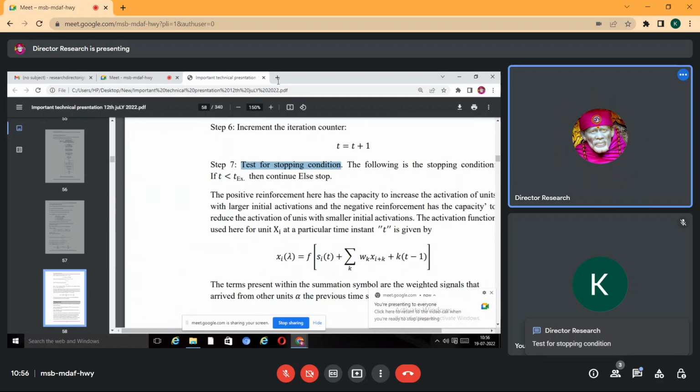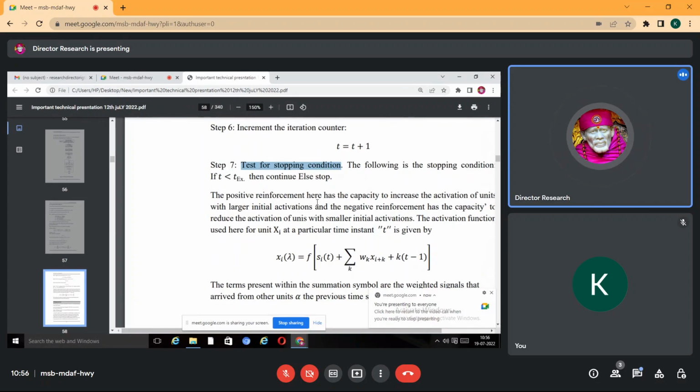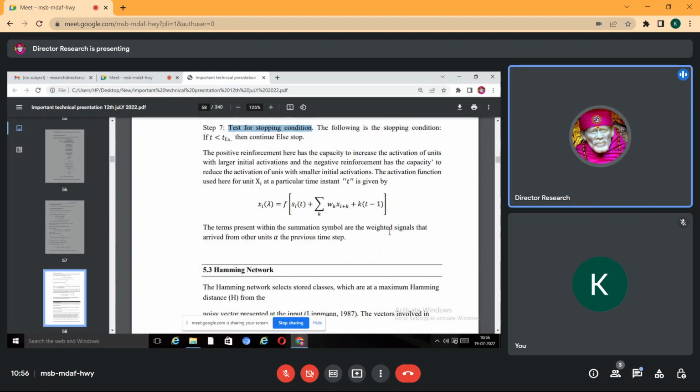The stopping condition is t less than tmax; then continue, else stop. The positive reinforcement is the capacity to increase the activation of units with larger initial activations, and the negative reinforcement has the capacity to reduce the activation of units with similar initial activations.